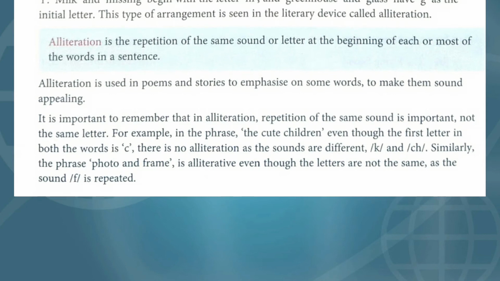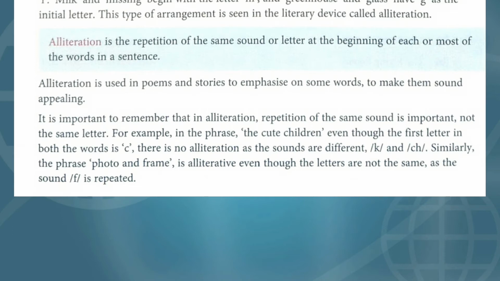Not only looking at the letters, you have to check the sound at the beginning of the words. Look at that example here. It is important to remember that in alliteration, repetition of the same sound is important, not the same letter, as I told you already. So we have to give importance to the repetition of the same consonant sound, not the letters.